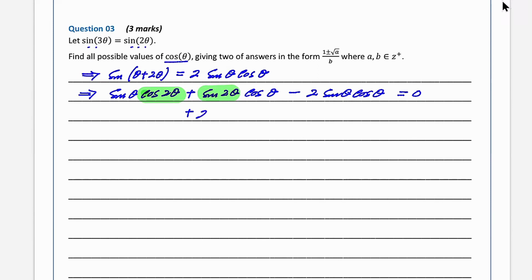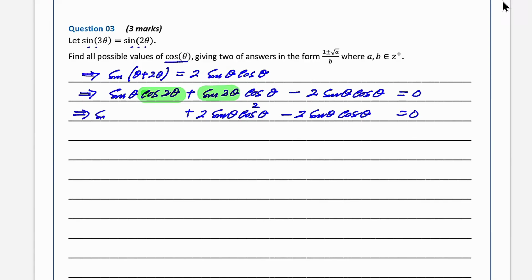So this is going to be 2 sine theta cos square theta, right? Minus 2 sine theta cos theta is equal to 0. Okay, now that game is over. So now this guy, sine theta cos 2 theta. Now what is my intention? My intention is cos, right?